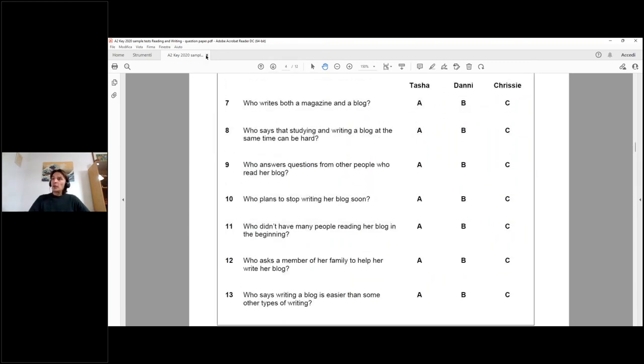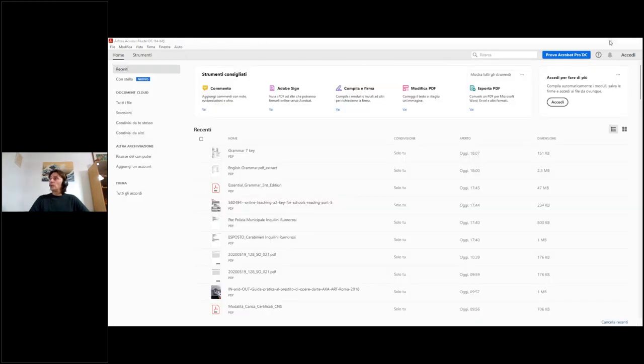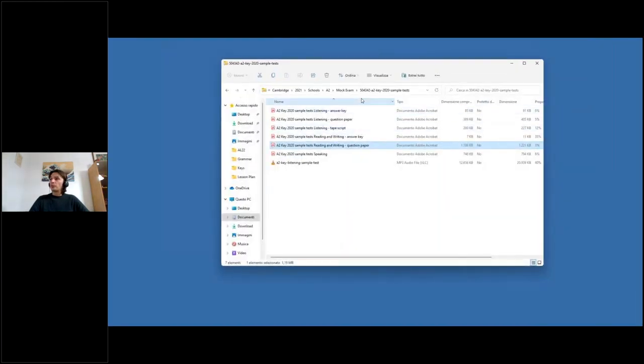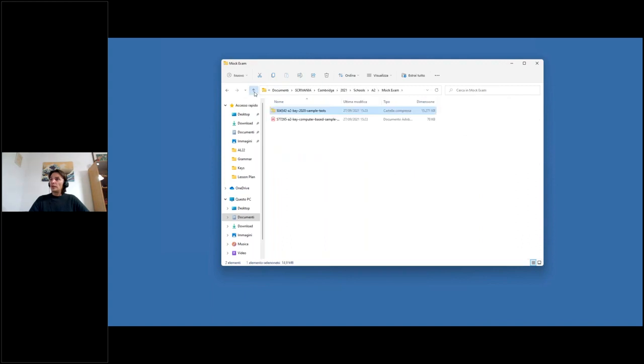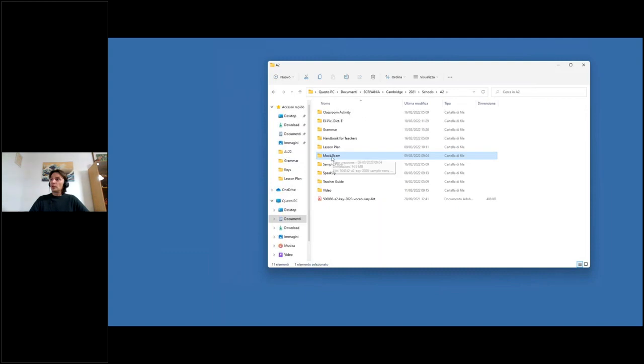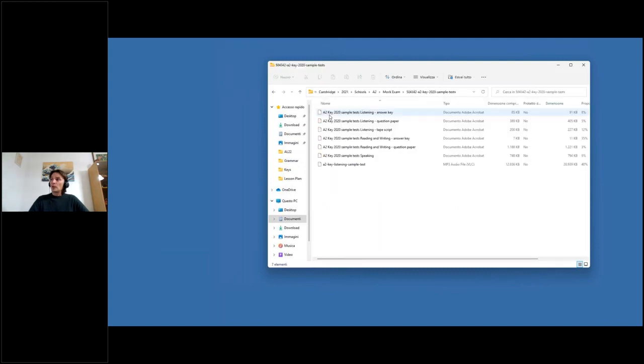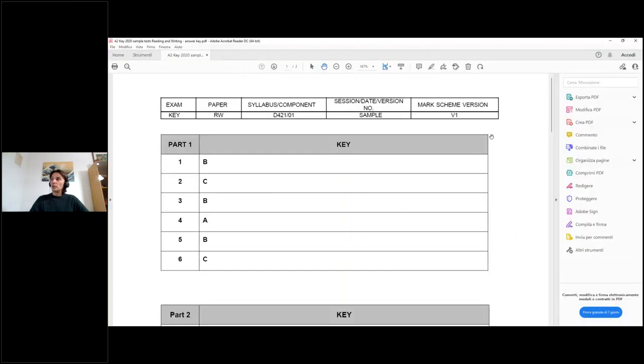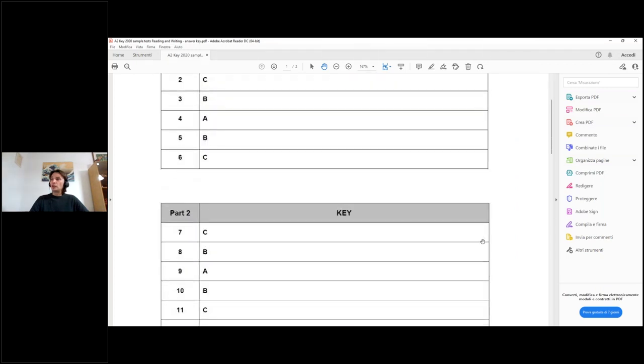Now, let's take a look at the answers, because if you look in the same mock exam folder, right, the one you just downloaded to get your exam, you should also find a file called reading and writing answer key. Okay, so if I open this file, the reading and writing answer key, I should be able to read the keys, right?